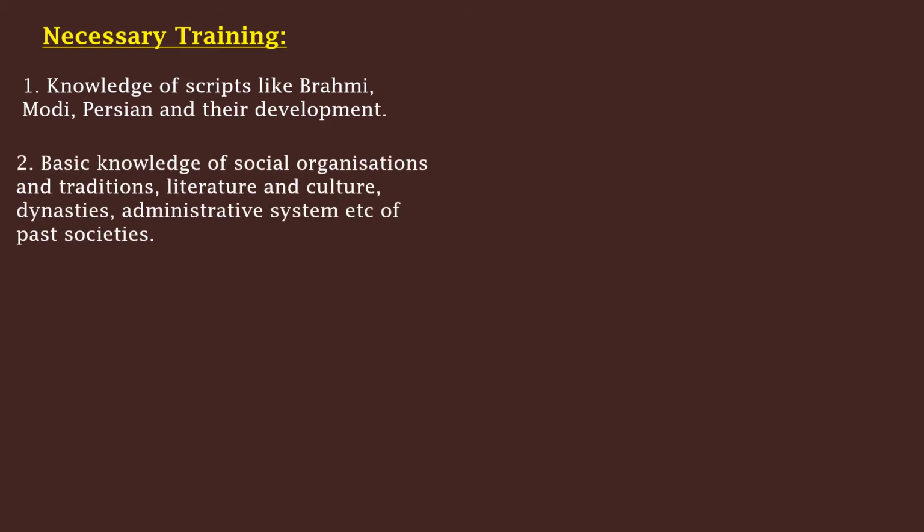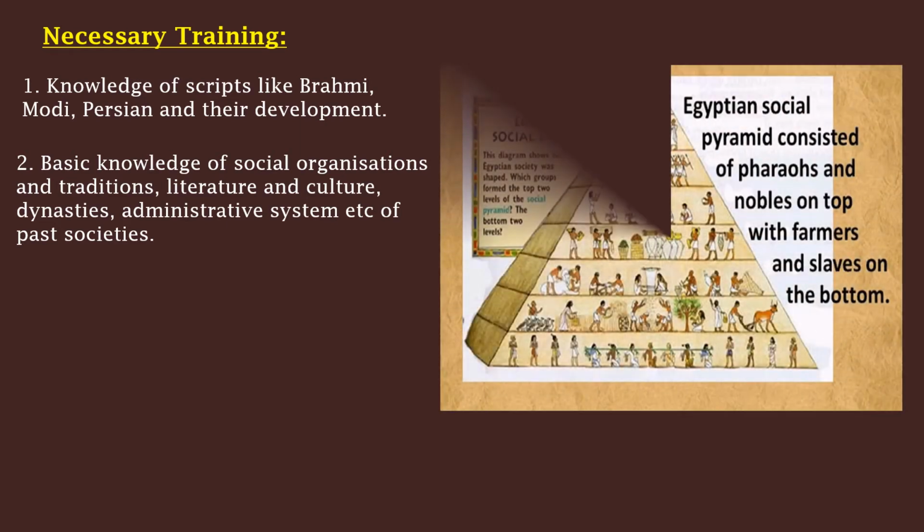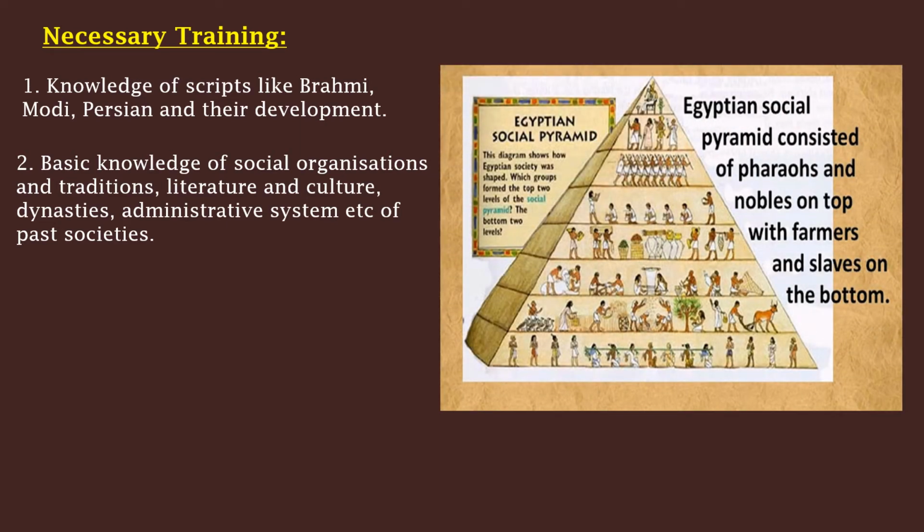Then, basic knowledge of social organizations and traditions, literature and culture, dynasties, administrative systems, etc. of past society. The social order is defined as a particular set or system of linked social structures, institutions, relations, customs, values and practices.